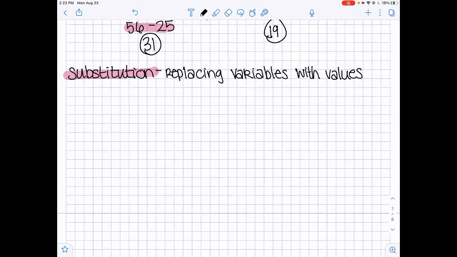Okay, so here's our example. 2 minus 3 times (x plus 2), and on the side, they tell you x equals 2.